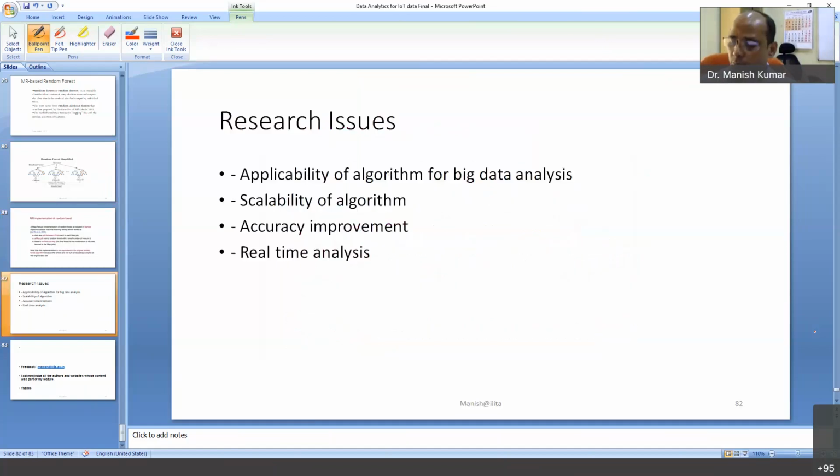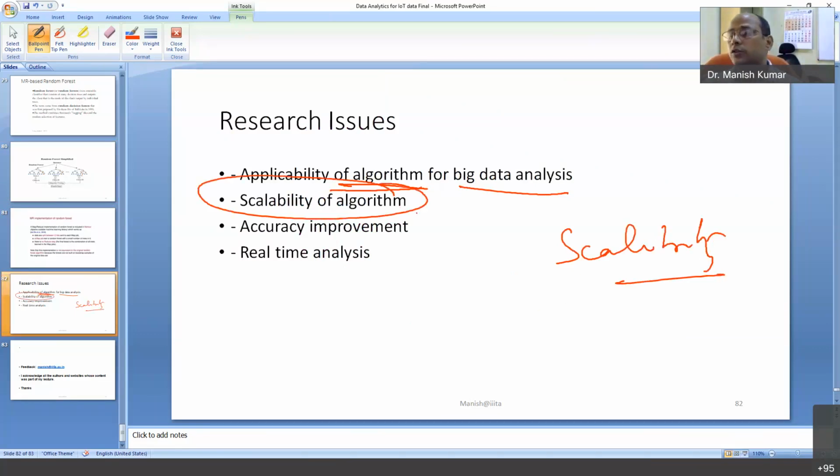As for the research issues involved, there are still a lot of algorithms which need to be applied on big data, because scalability is a major issue.